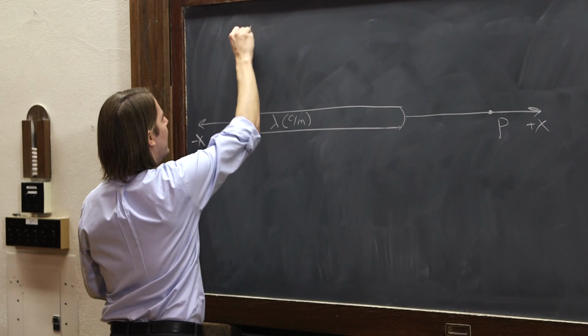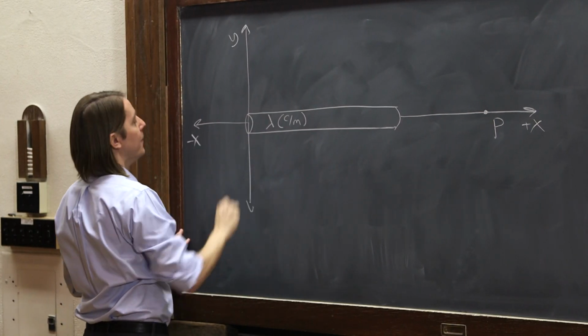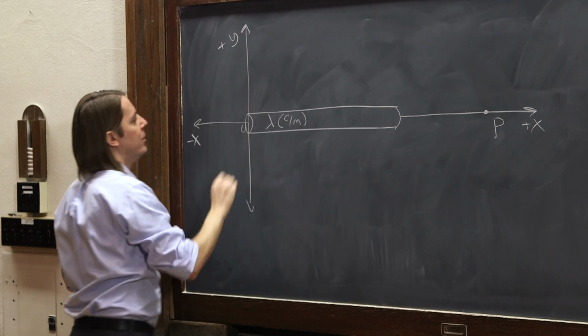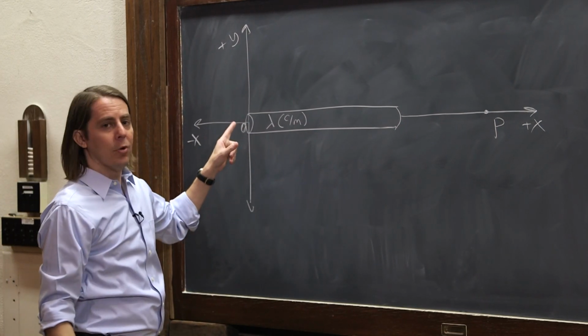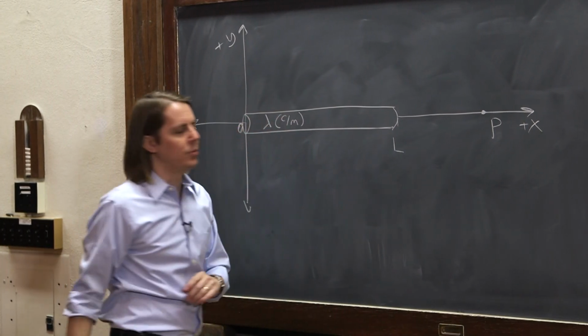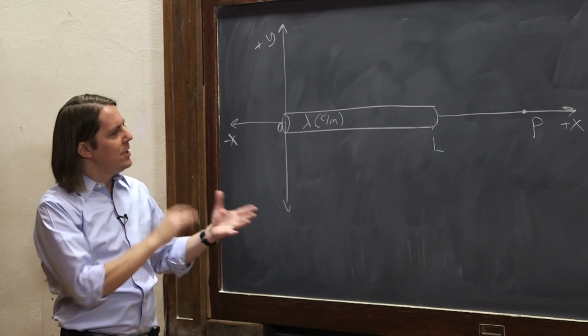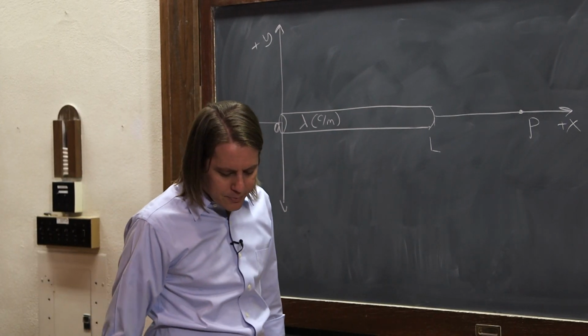I'll draw the y-axis here, even though we're not going to need it in this 1D problem, but there's the origin right there. Therefore, we know that the rod, if it starts at the origin, makes it to a point here that's the position x equals L. That would be the basic setup to start the problem.